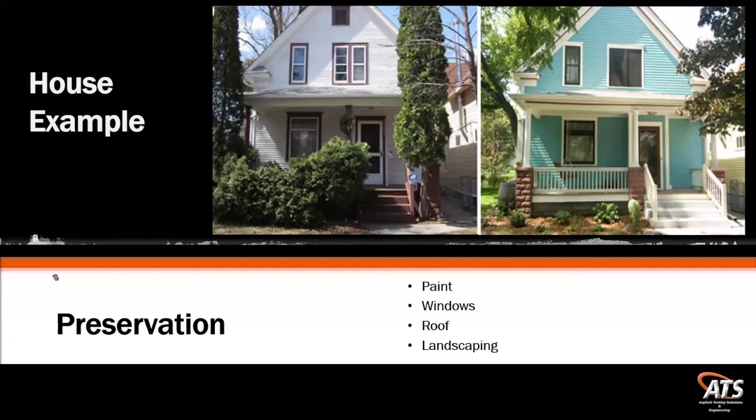You start looking at it going, okay, well, it's basically a little bit of touch up here and there just to keep it updated and to make sure that nothing structurally is ever going to go bad. So that preservation part is just that. It's just trying to maintain something that is already good.